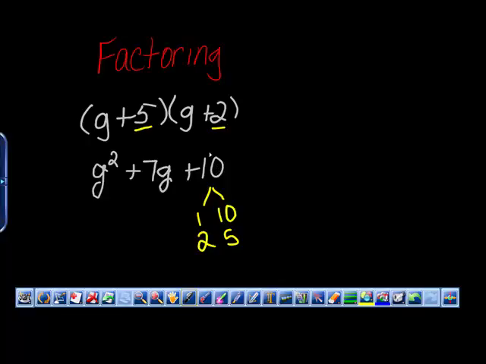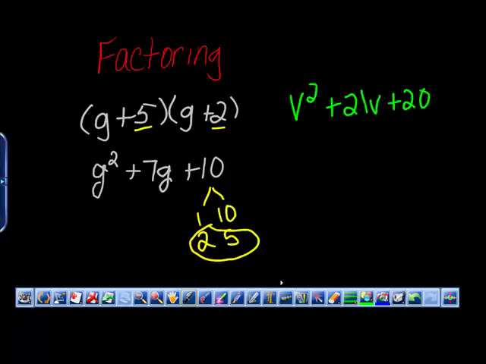So we need to start by looking at the factors of our last term. From there, we have two sets of factors, 1 and 10 and 2 and 5. Which one of them, when added together, will equal our middle term? Remember that we had to combine like terms. So in this case, if we used FOIL, we would end up with 5g plus 2g, which combined to get 7g. So our factors that work here are 2 and 5.